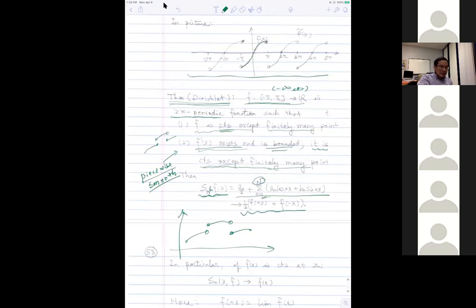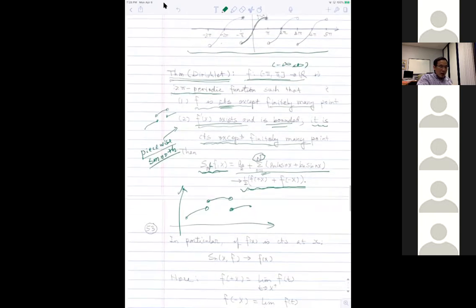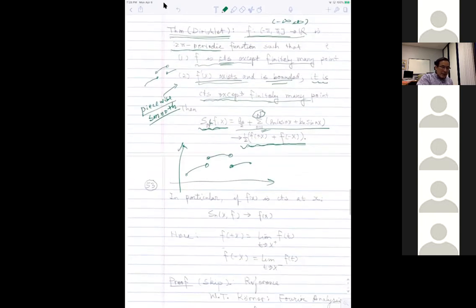I will now explain this here. Now, f plus is just the right-hand limit of f as t approaches x from the right, and f minus here is just the left-hand limit as t approaches x from the left.